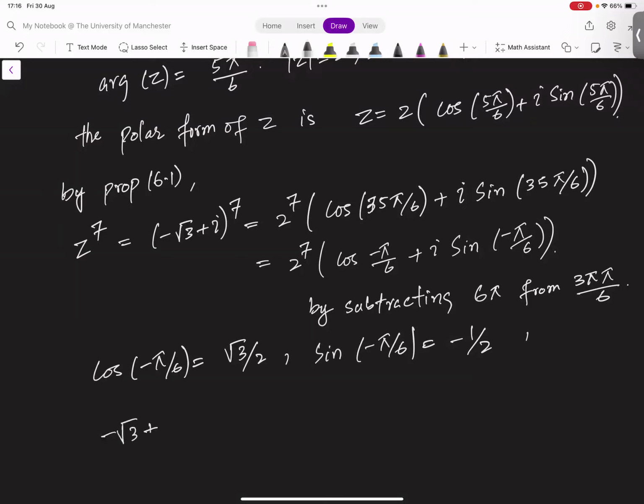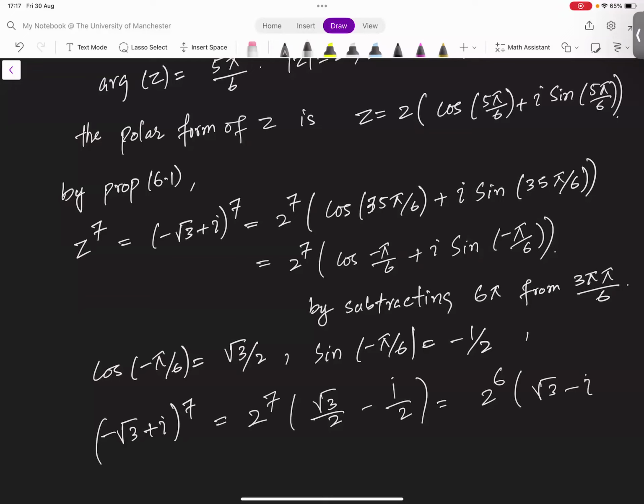So minus under root 3 plus iota power 7 gives 2 power 7 into under root 3 over 2 minus 1/2 iota, which is 2 power 6 into under root 3 minus iota. Okay.